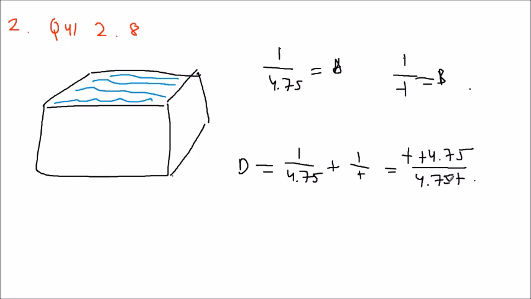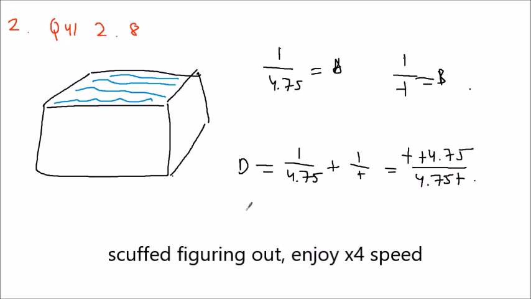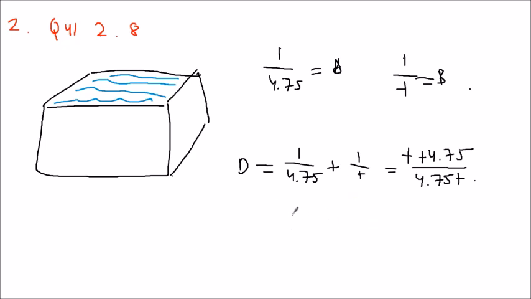Find graphically the time it takes for drain B alone to empty the pool if both drains, when open at the same time, can empty the pool in 2.6 hours. I'm trying to do 2.6 plus 4.75 over 4.75 times 2.6, and whatever answer you get for this is the amount of time that both drains take.